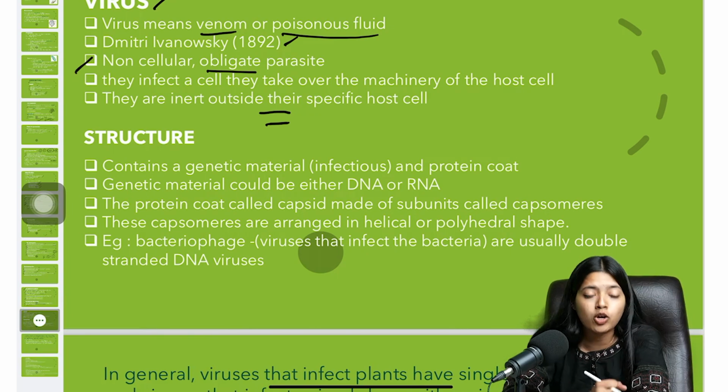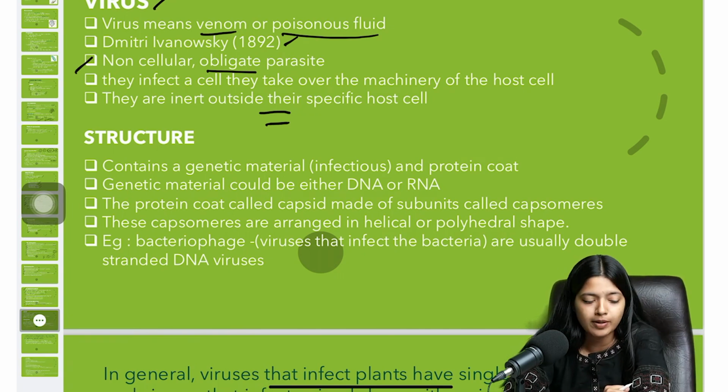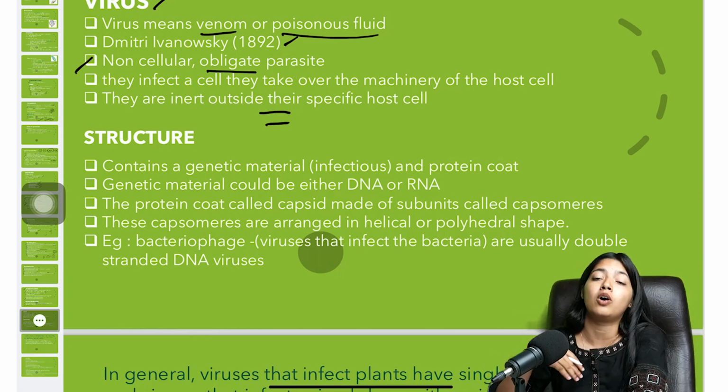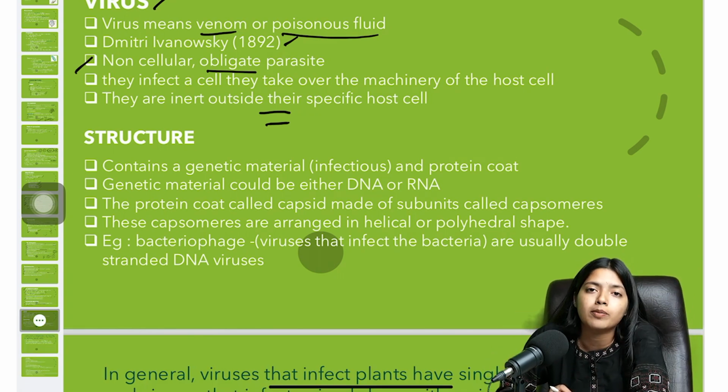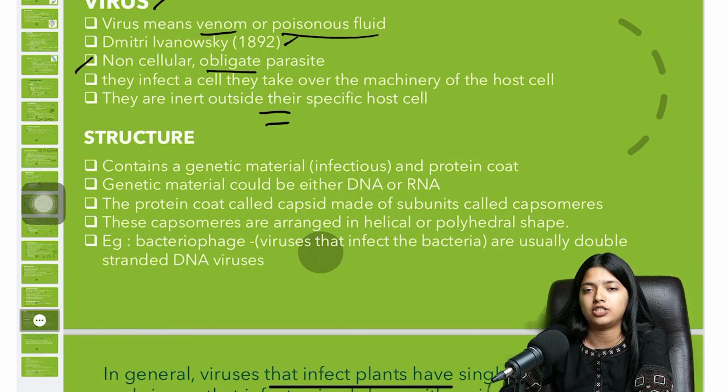It will take over the control of the host cell, and it will take over the genetic material and take complete control of the host cell. So it will become parasitic. So outside a living host, the virus will be an inert organism. Inert means it will not show any response, but just inside that cell, it will show its action. It will take control of the host cell.